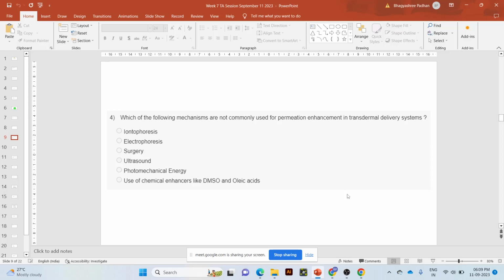Next question. Which of the following mechanisms are not commonly used for permeation enhancement in transdermal delivery systems? Surgery, ma'am.